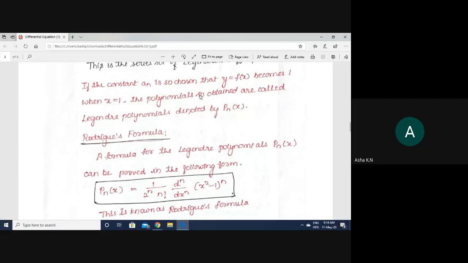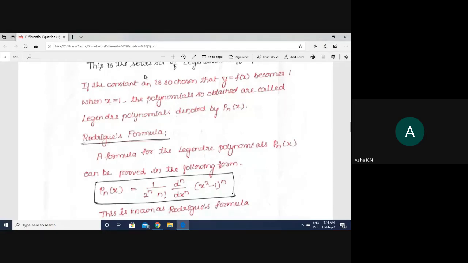Those polynomials are called Legendre's polynomials. Like we have a naught, a1 into x power 1 plus a2 x square plus a3 x cube, etc. So that polynomial we get, we can write in terms of an into something also.